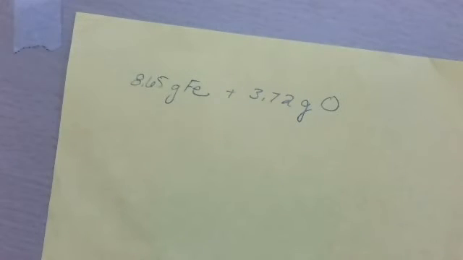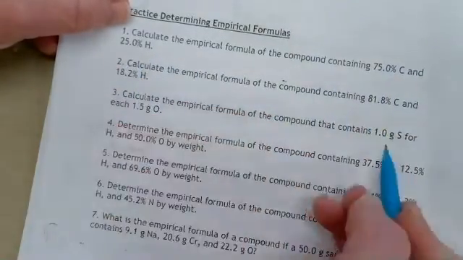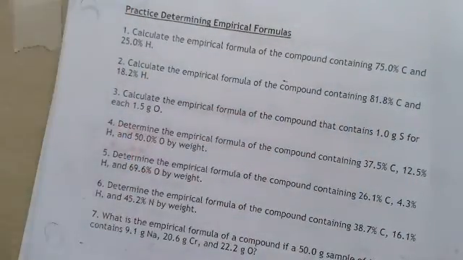You don't have to turn to it because I want to keep us on this example. This is an example beyond your packet. The overwhelming majority of the time, our givens are percent by mass of our elements.